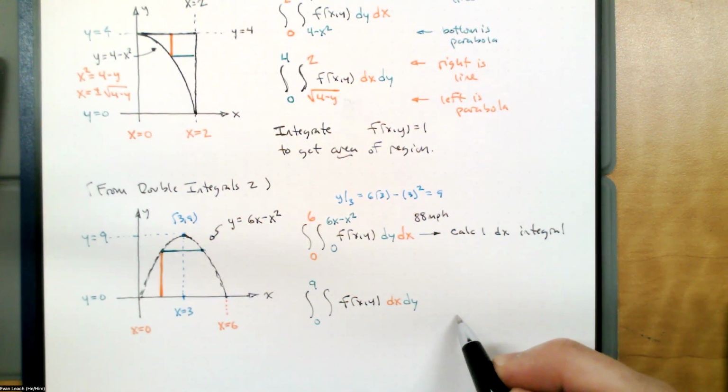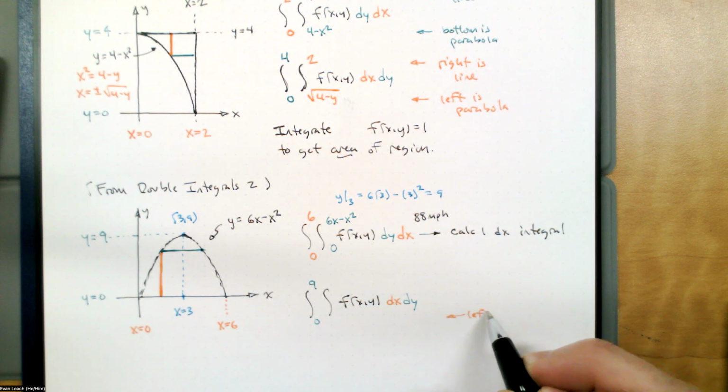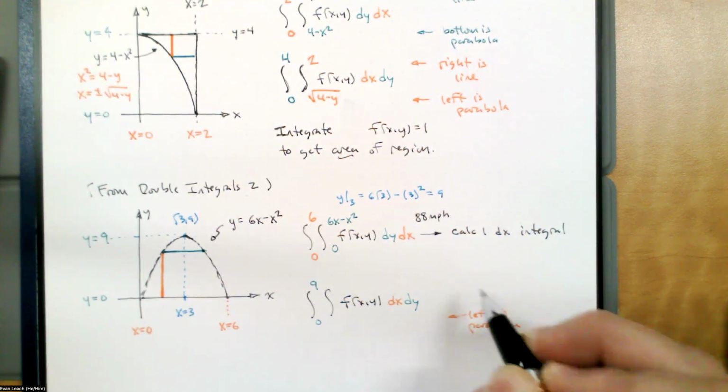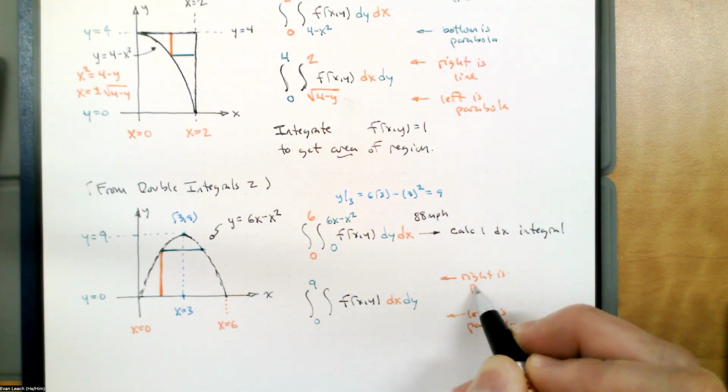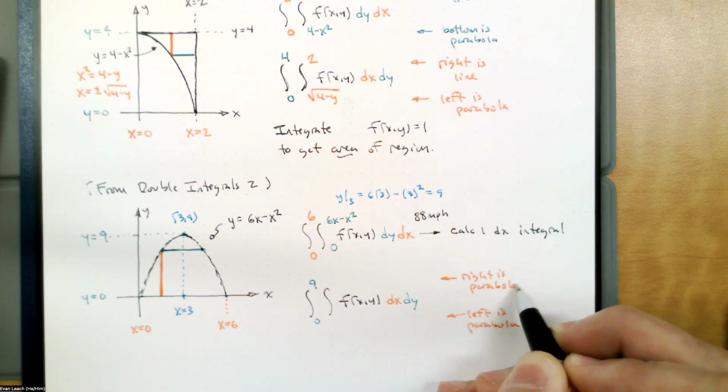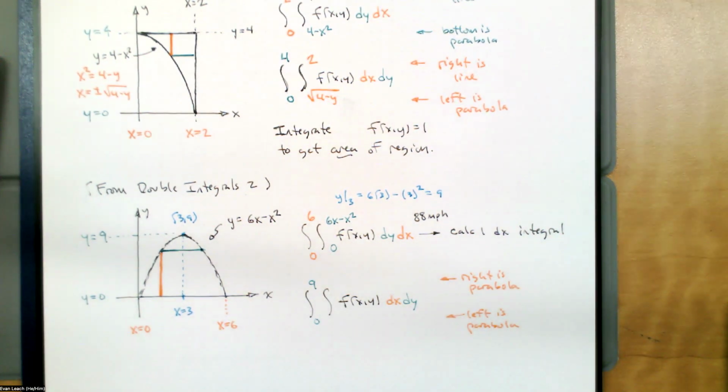So the left is the parabola, and the right is the parabola. The problem here is that both sides are the same parabola.